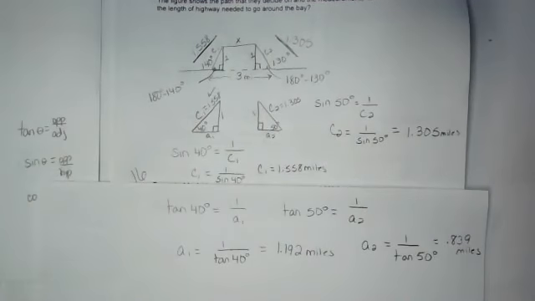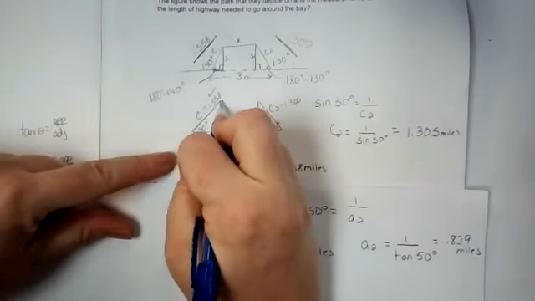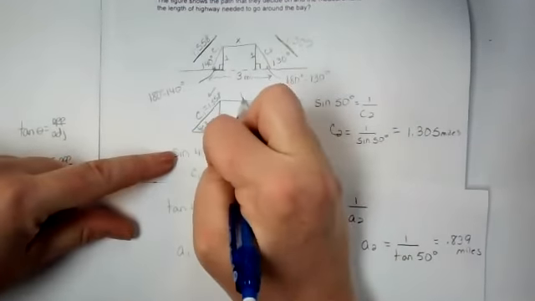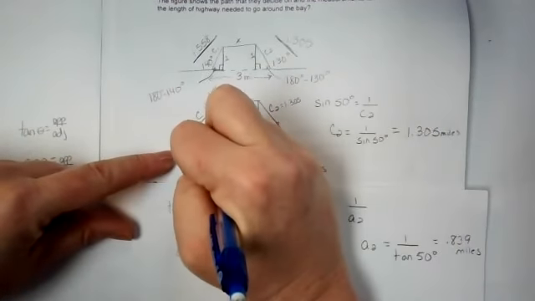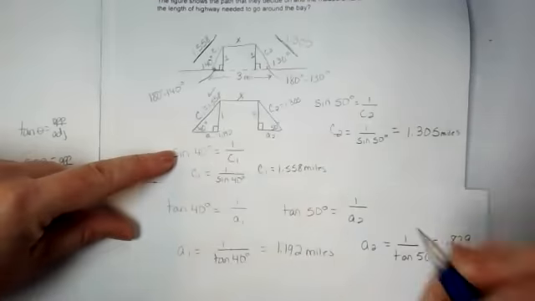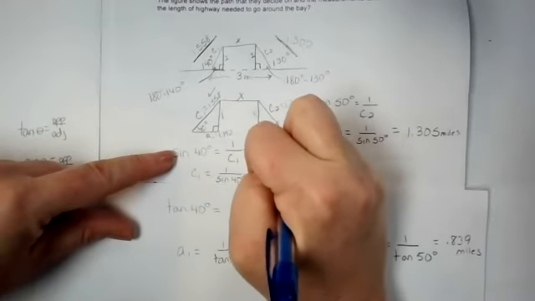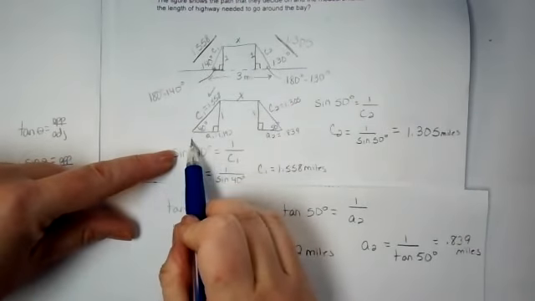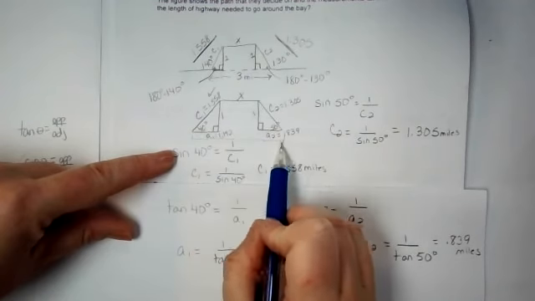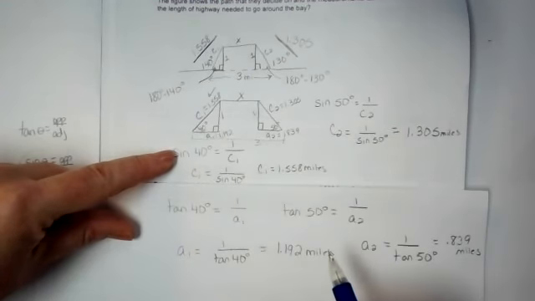So this is what I'm trying to find, this is my X. This distance here is 1.192. This distance here is 0.839. And we know this whole part from here to here is 3.